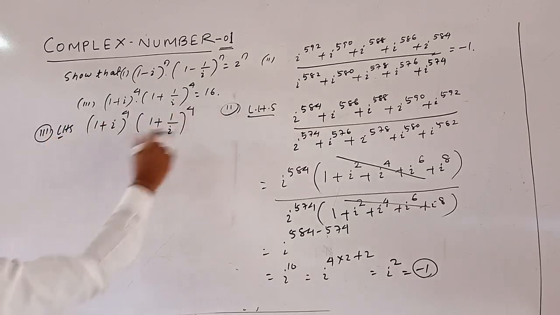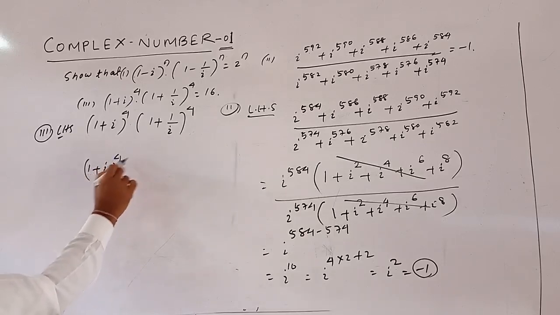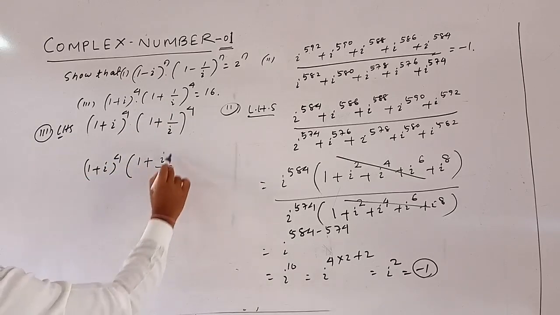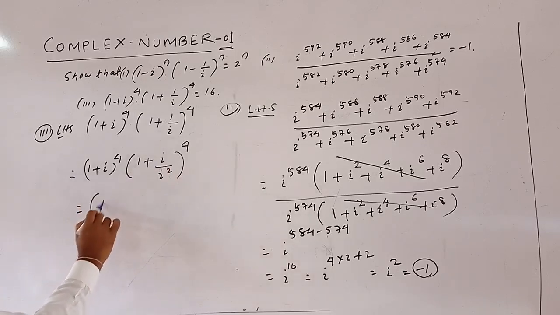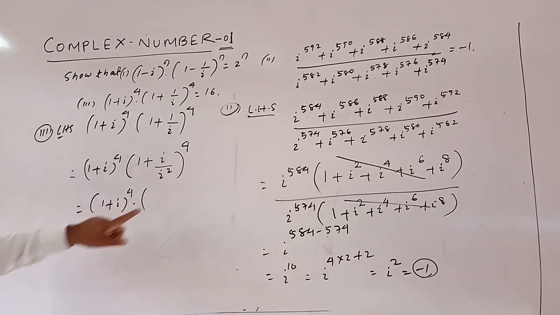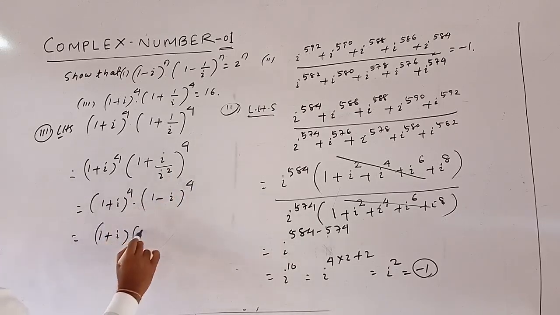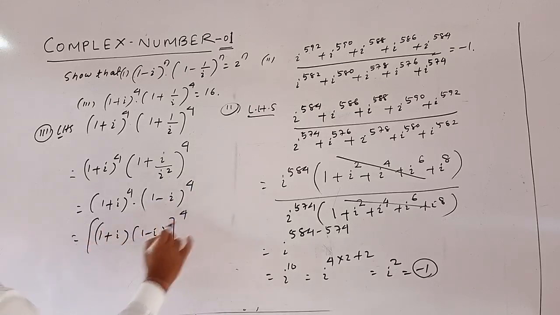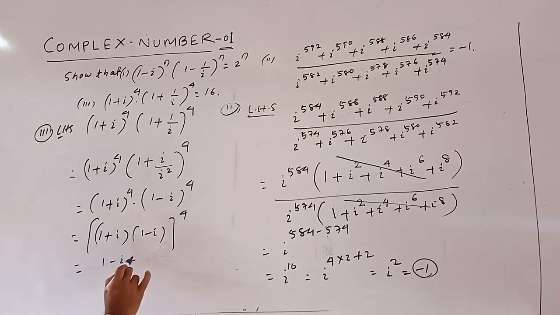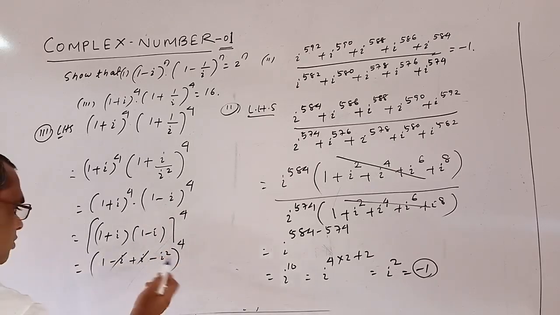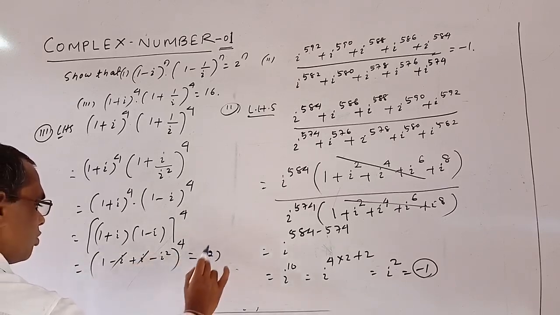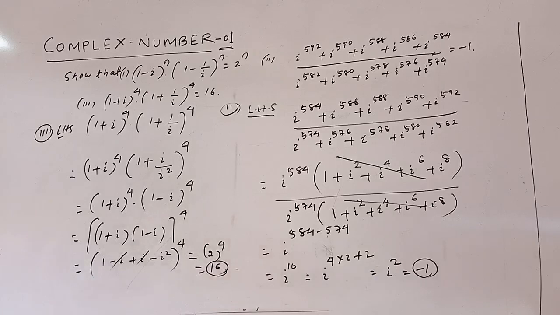Now 1 plus i, multiplying by i, 1 plus i whole squared is 2i, to the power 4, so 1 plus i to the power 4 into i square, meaning minus 1, and this is 1 minus i to the power 4. Now 1 plus i into 1 minus i whole power 4: multiplying, 1 minus i plus i minus i square, whole power 4. Minus i plus i cancel, i square means minus 1, so minus of minus 1 means 1. So 1 plus 1 is 2, 2 to the 4 equals 16. So its value is 16.